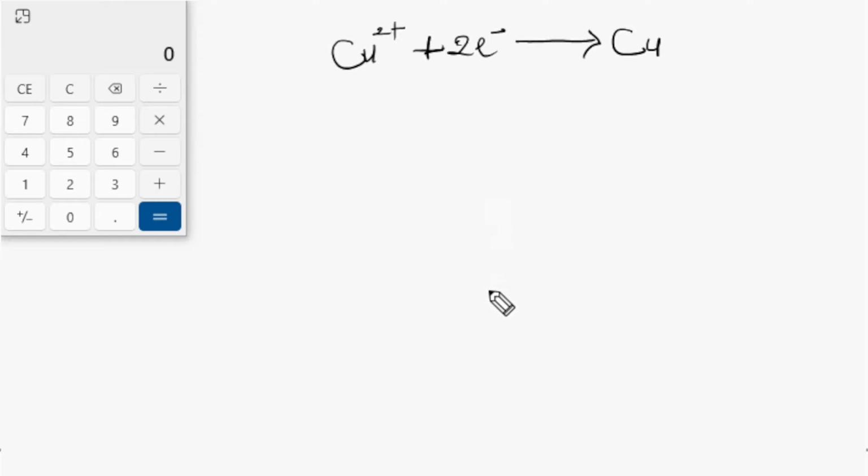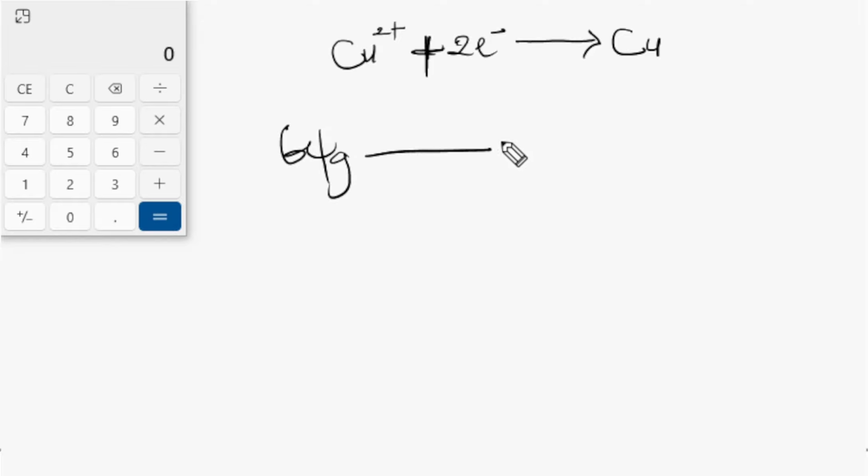So the question said, how long will this occur? So first of all, in order for us to get the charge in coulombs, we are simply going to make use of our Faraday constant here, because of course we know that the atomic mass of copper is 63.5 or 64.